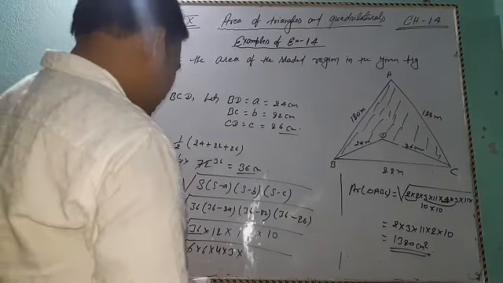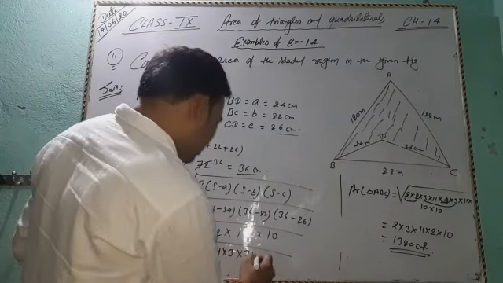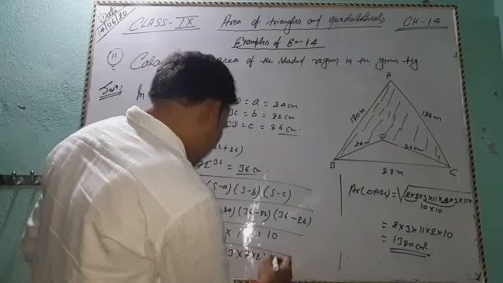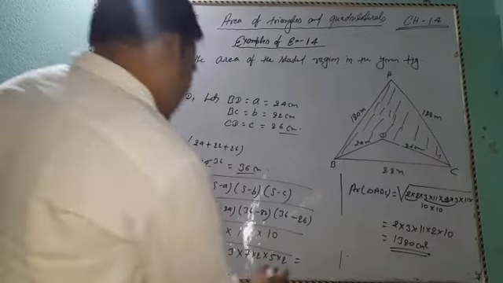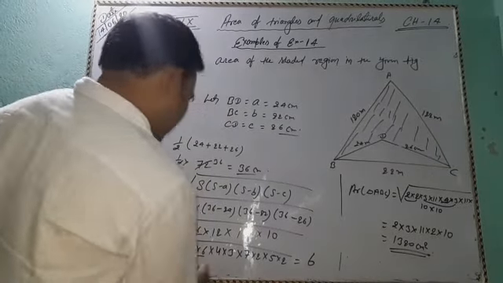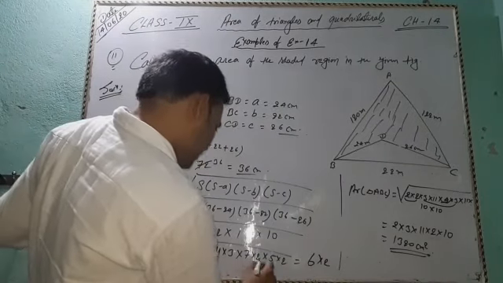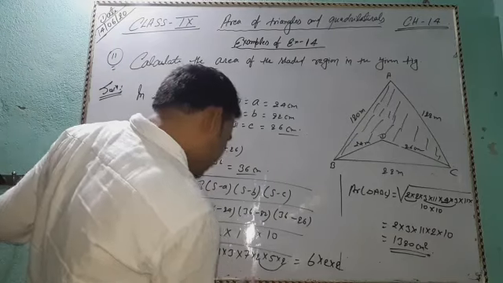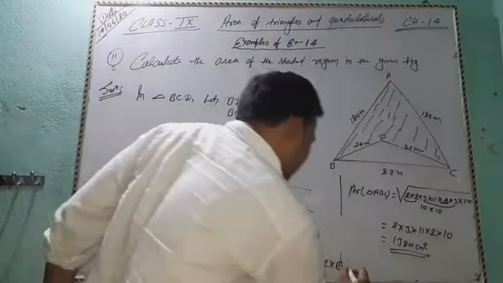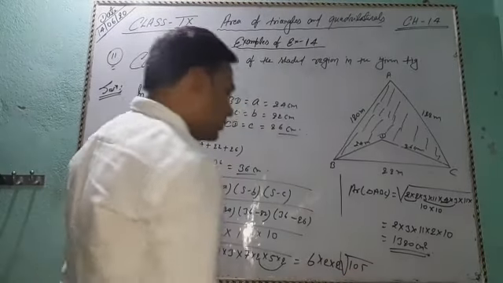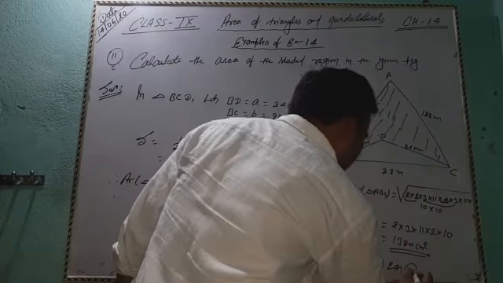Okay, so this implies 36 is 6 multiply 6 multiply 12, 4 multiply 3, multiply 14, 7 multiply 2, multiply 5 multiply 2. So 6 comes out, instead of 4, 2 comes out, and 3 7 5, and root under 105 equal to 24 root under 105.